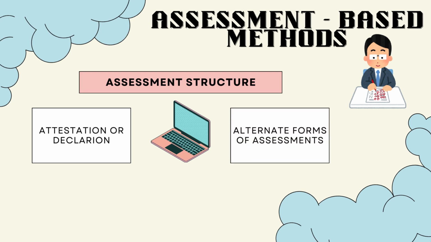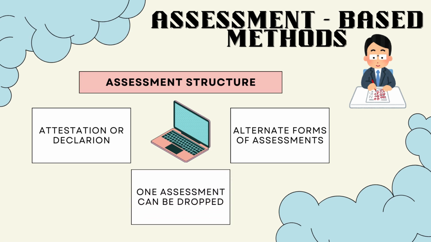Next is having alternate forms of assessment, especially when multiple deliveries are required, due to students being in different time zones and course deliveries. And if there are multiple assessments with similar learning objectives, consider implementing a structure where students are allowed to drop one assessment of the course, resulting in placing a heavier weight on the other similar assessment.